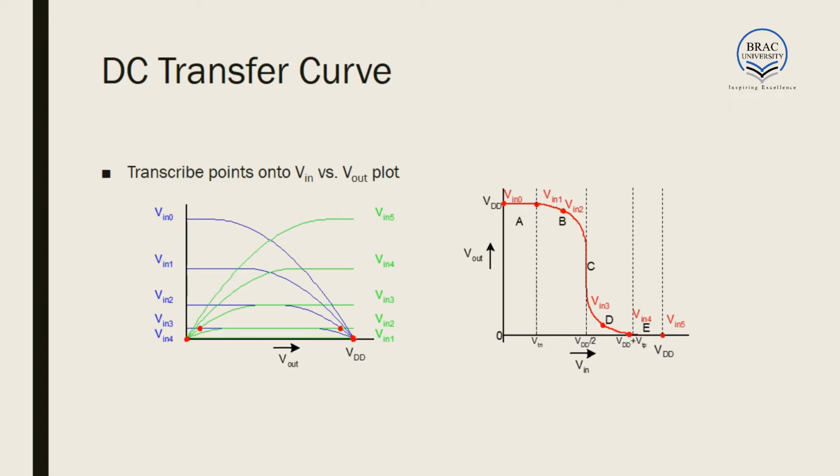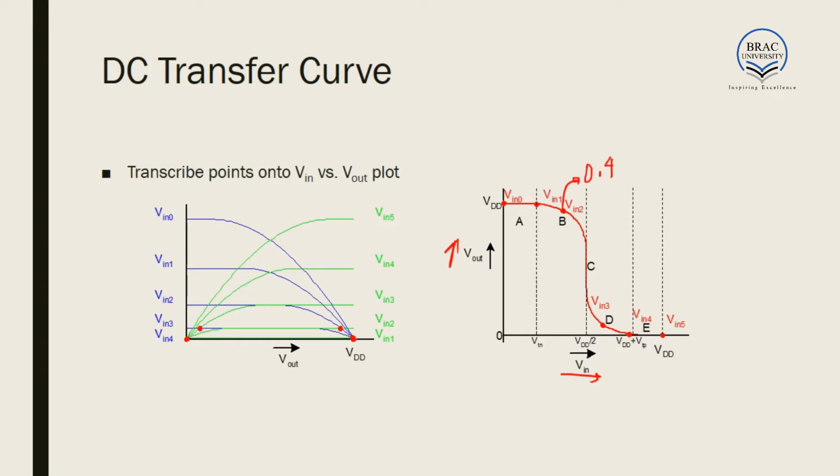Now if we plot the relations, we have plotted Vin in the x direction and Vout in the y direction. When the Vin was very little, equal to 0, Vout was equal to VDD. As the Vin increased little by little, the Vout started decreasing.